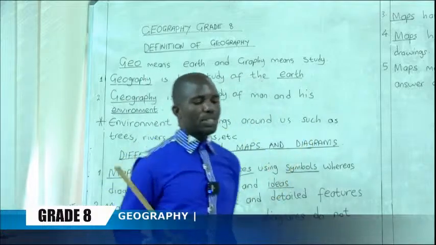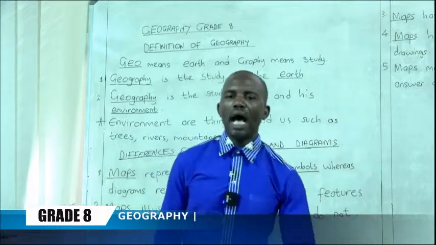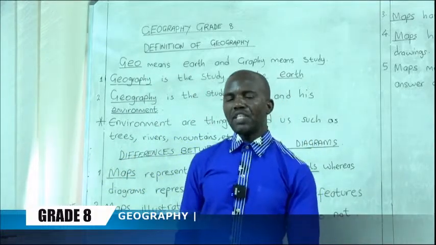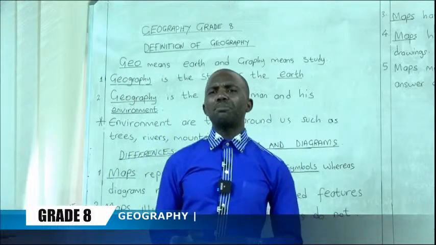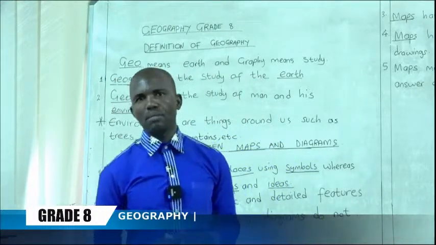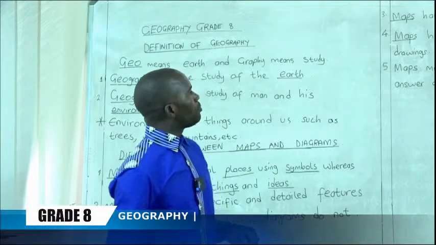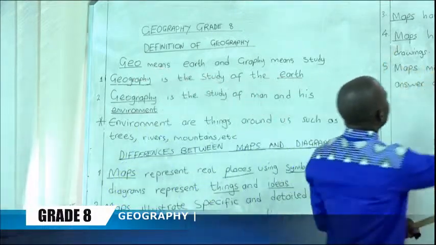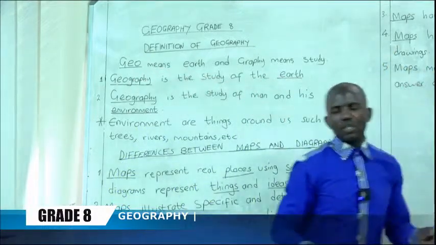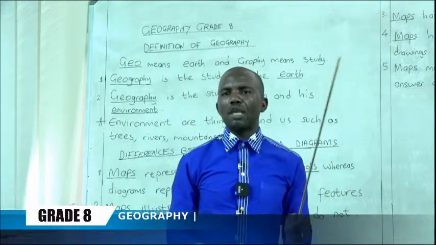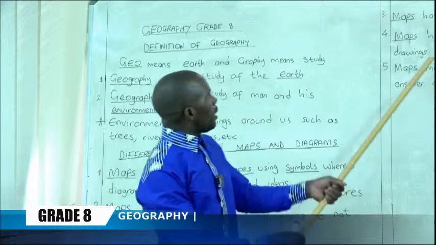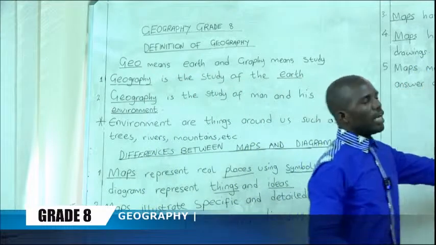We go to point number 3. Maps usually have keys. These keys give a list of names and the things represented by the symbols, which give the meaning of things found on that specific map. But diagrams simply have labels.